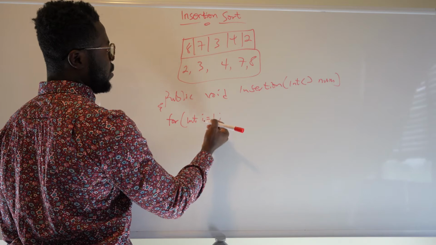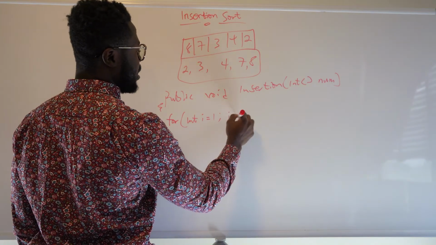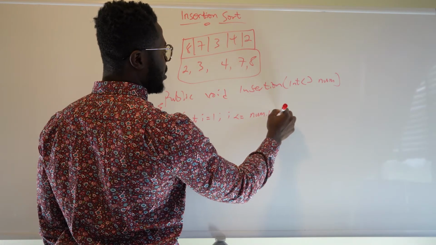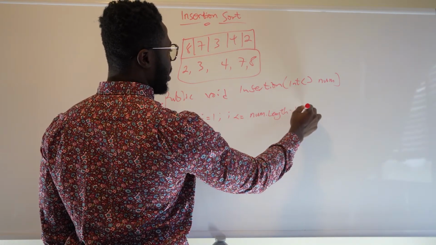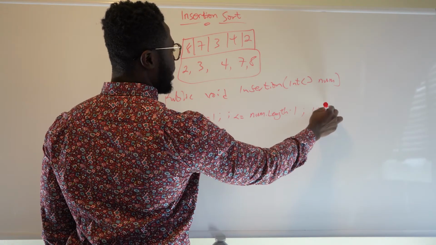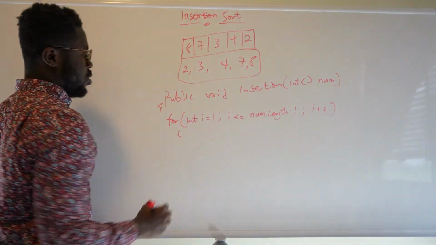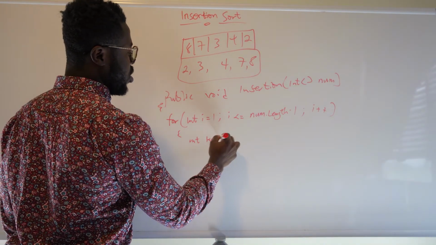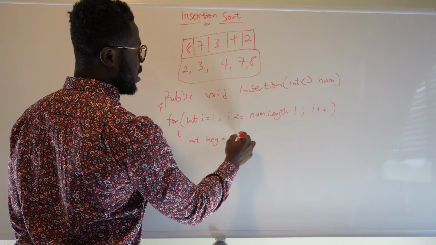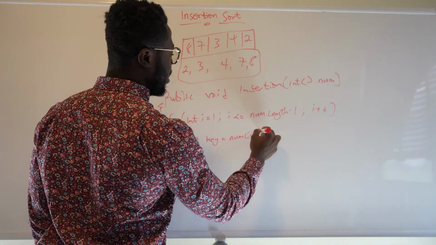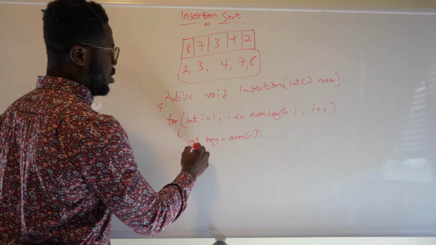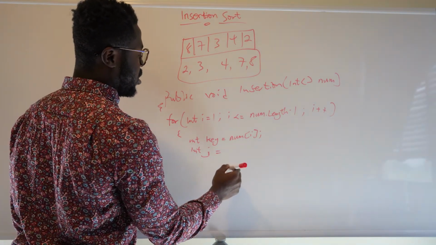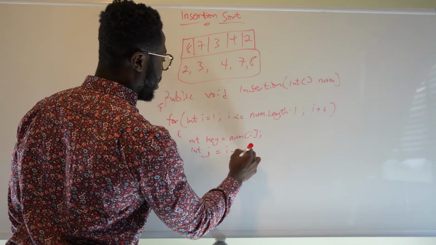You start from 1, then i is less than or equal to num.length minus 1, i plus plus. So you have an integer key, which is num at i, and you have an integer j, which is i minus 1.